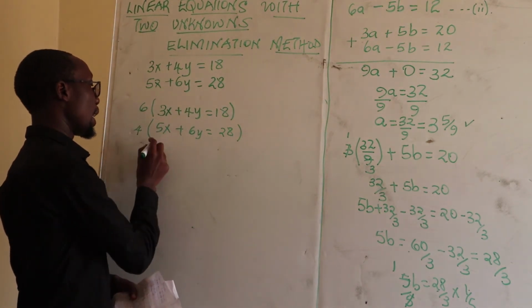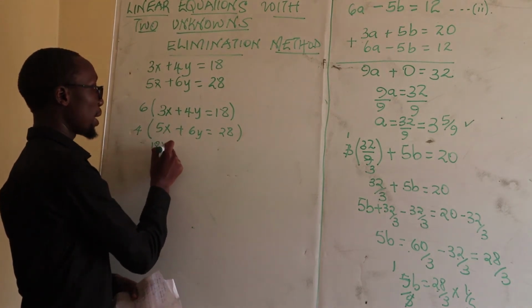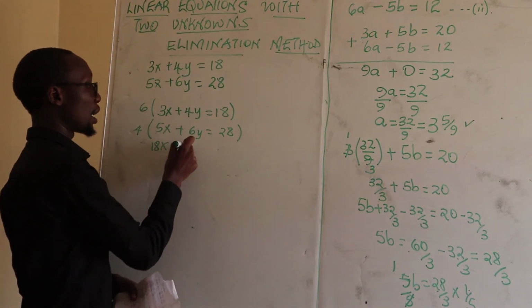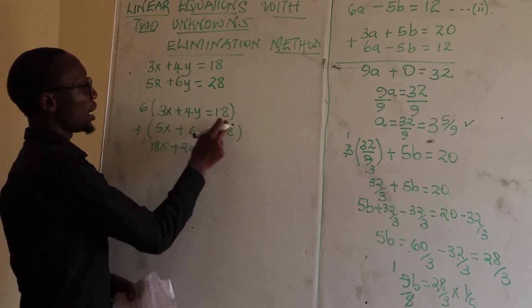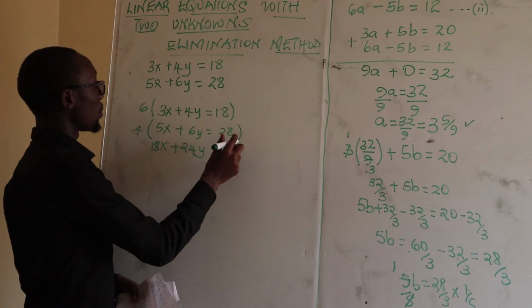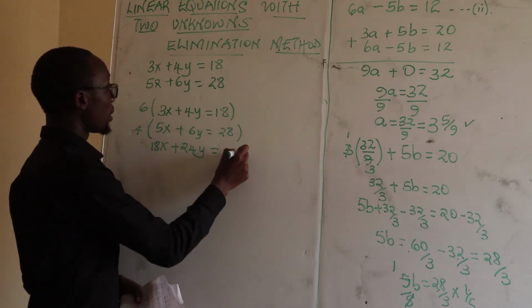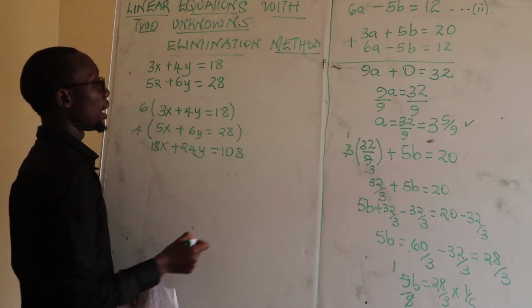So 6 times 3x shall give us 18x, and then plus 6 times 4 gives us 24y, and then this shall be equals to 6 times 18, which gives you 108.